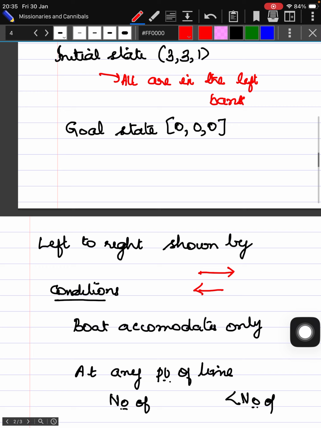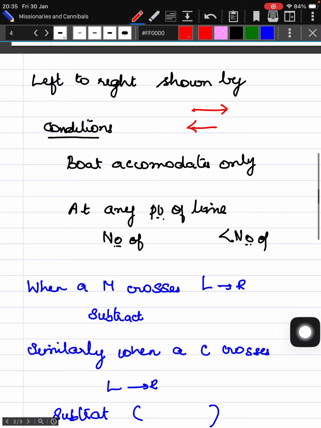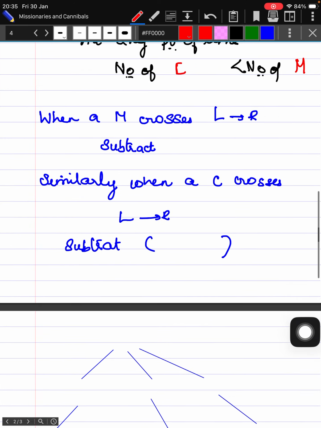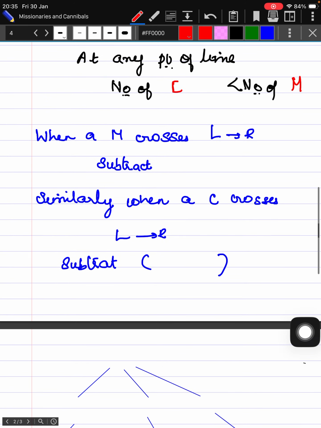Okay, and the conditions are the boat can accommodate, as I said, only two people. At any point of time, the number of cannibals should be less than the number of missionaries on either side of the river. Okay. When a missionary crosses from left to right, you should subtract 1 comma 0 comma 1.